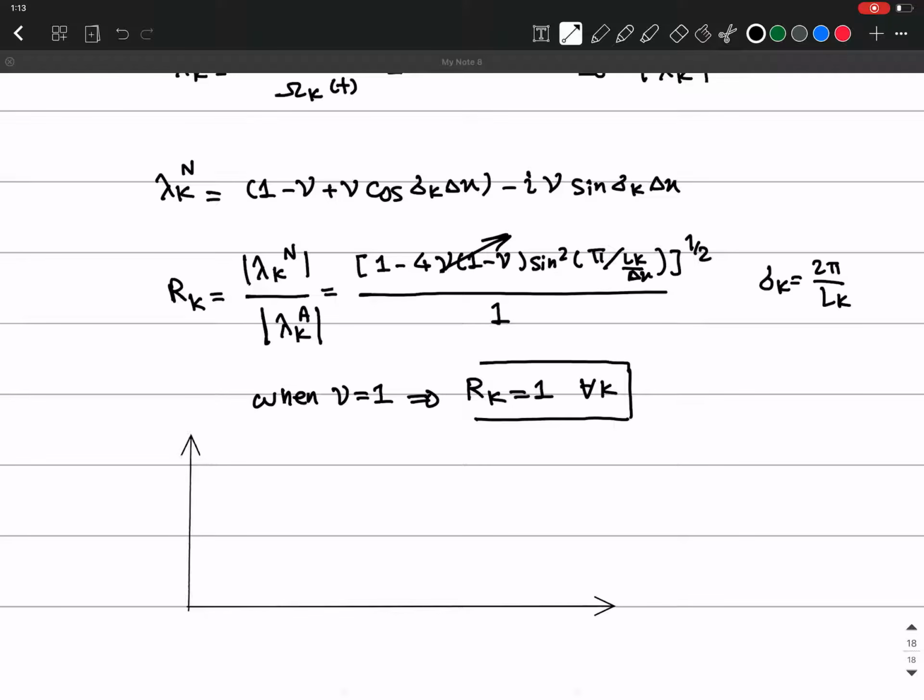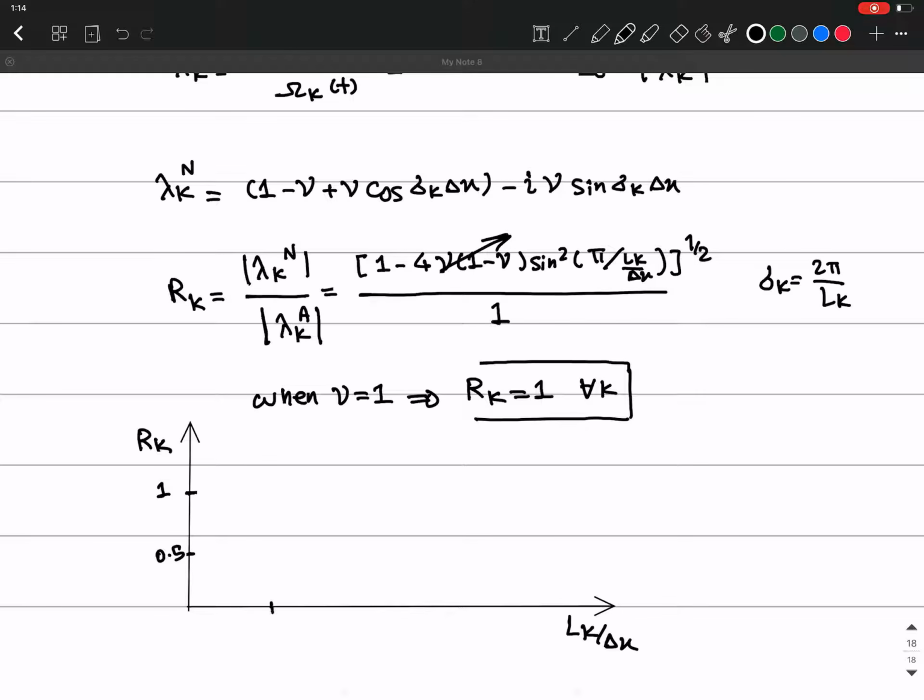So I want to show you something briefly here. If this is Lk over delta x, and this is the R k, the amplification factor, we know that 1 is the best one, right? It's where the numerical and analytical amplification factors converge to each other. So this means that the numerical approximation is behaving the best and is very consistent with the analytical solution.